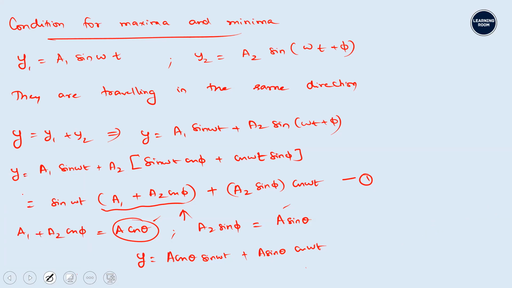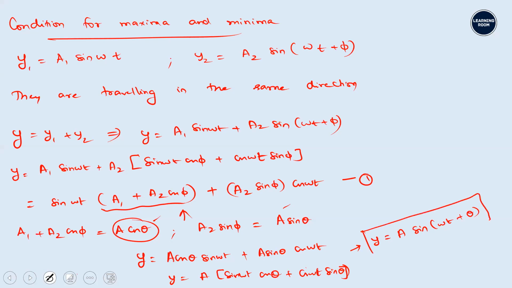So if I take out A common from both, then y will be equal to A sin omega t cos theta plus cos omega t sin theta, which can be ultimately written as y is equal to A into sin of omega t plus theta, and this y is equal to A sin of omega t plus theta is what is going to be the resultant displacement of the final wave that is formed.